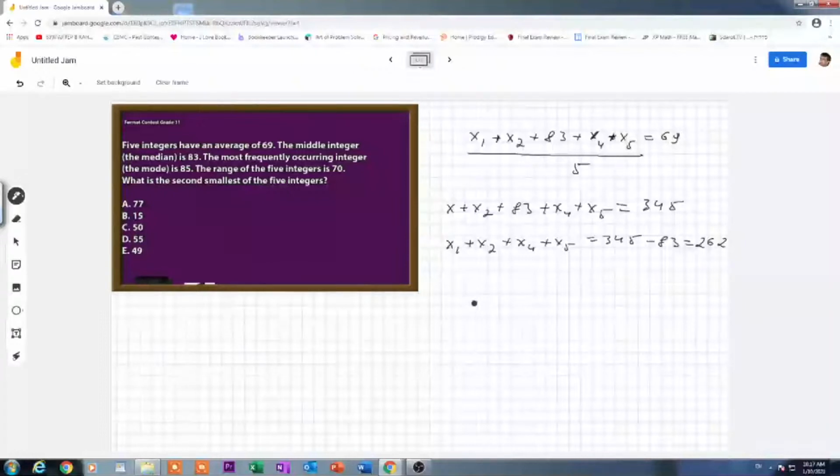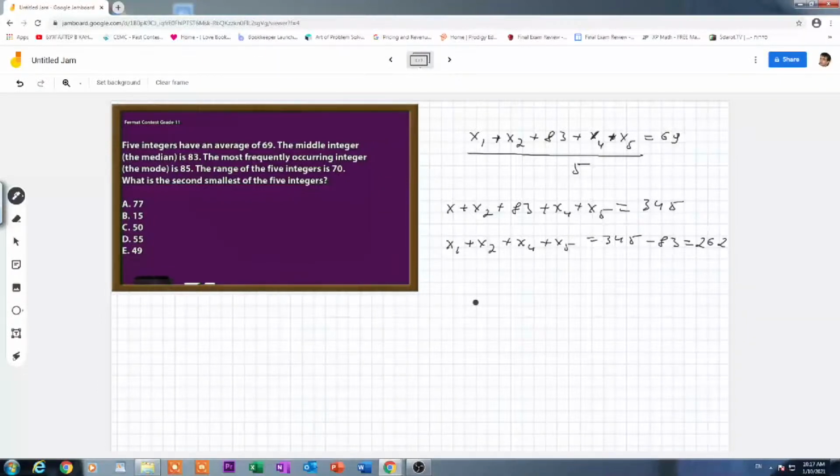Okay. So now the mode is 85. So the integer is 85. So it could be 2 or could be 3, right? If we assume that there are 3 85s, it's not going to work. Why? So let's assume there are 3 85s, right?